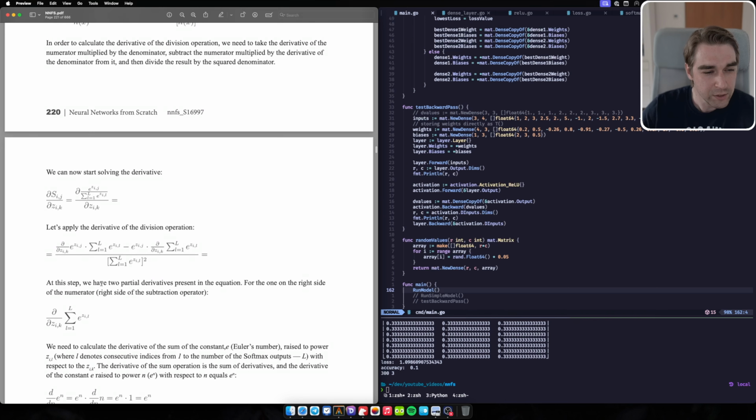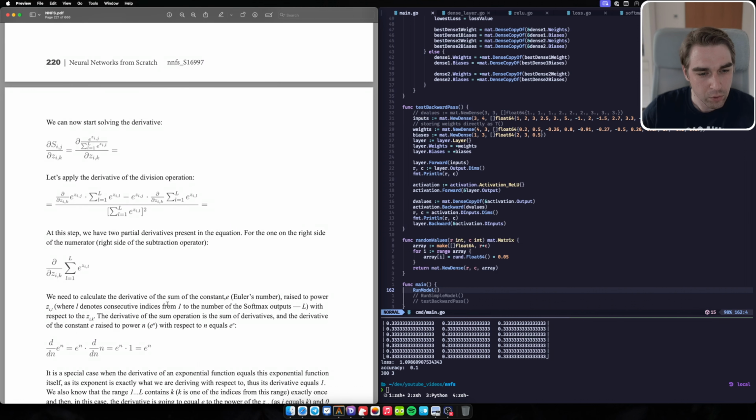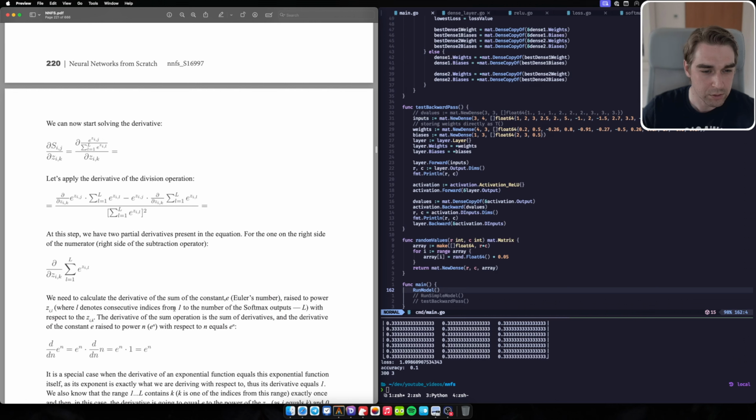At this step we have two partial derivatives presented in the equation. For the one on the right side of the subtractor, this one, we need to calculate the derivative of the sum of the constant e, Euler's number, raised to the power of z, where L denotes the consecutive indexes from 1 to the number of the softmax outputs L, with respect to z.